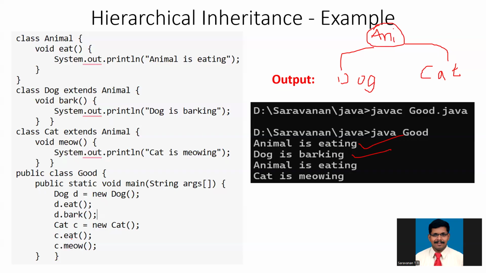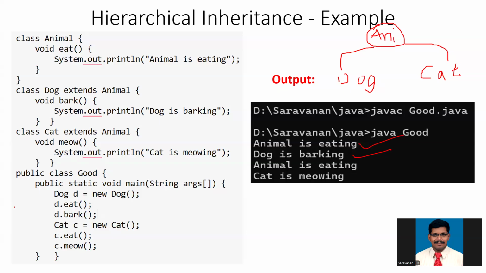Next, an object is created for cat. Cat c equals new Cat, which means an object is created for a derived class. Now eat is a function; the eat function will be accessed by cat. c.meow is a function of cat and can be accessed.